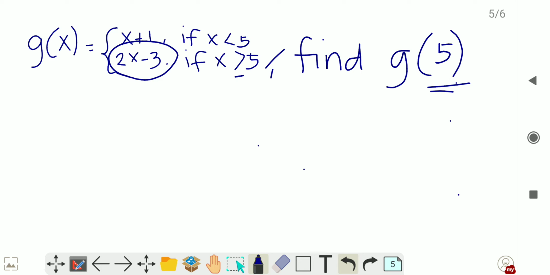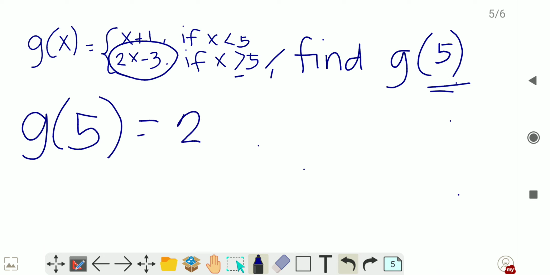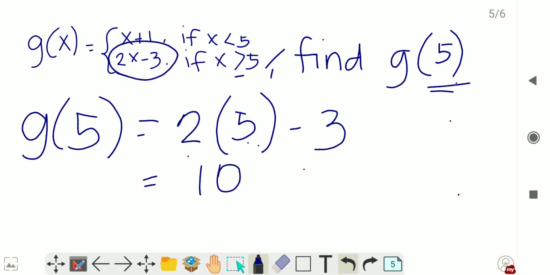So we will replace x there with 5. So that means g of 5 is equal to 2 times 5 minus 3. That is 2 times 5, that gives you 10, minus 3, or that is equal to 7. Which means that g of 5 is 7. Get it?